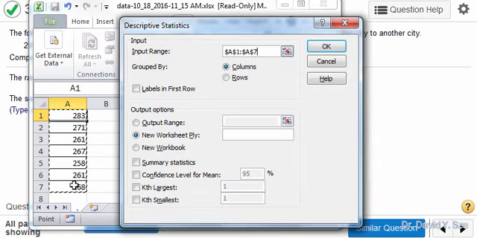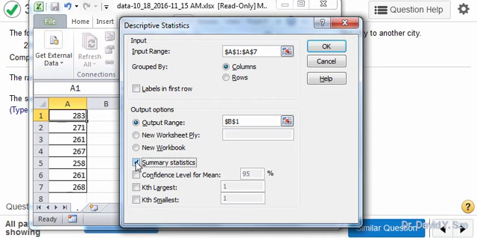I'll highlight these numbers. They're by columns. There's no label in the first row. And I always like to put the output on the same page as the data. So I'll click on Output Range, put it right next to the data.